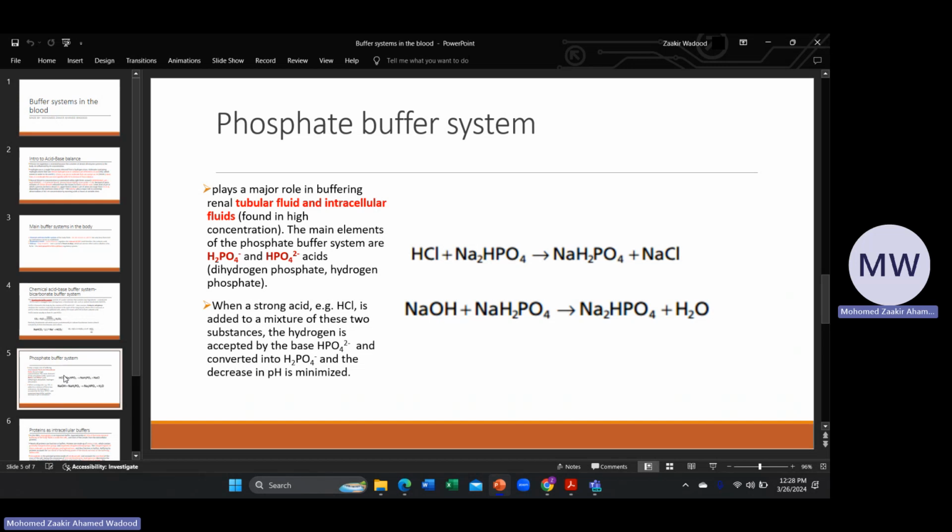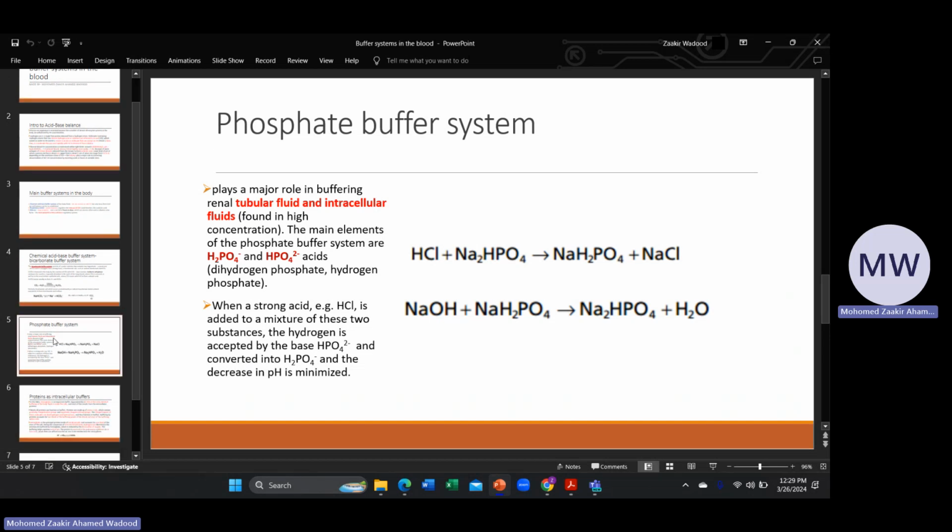When HCl reacts, it is combated with the hydrogen phosphate, or sodium hydrogen phosphate to be more precise, which is the base. This results in the formation of salt, as you can see here, NaCl, as well as the conjugate acid. So the decrease in pH, which would have otherwise happened if this buffer system were not in place, would be much, much less. It tries to minimize the change in pH.